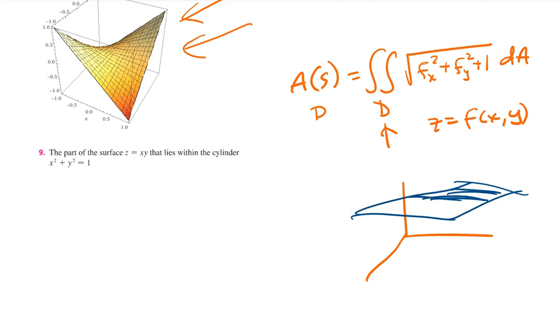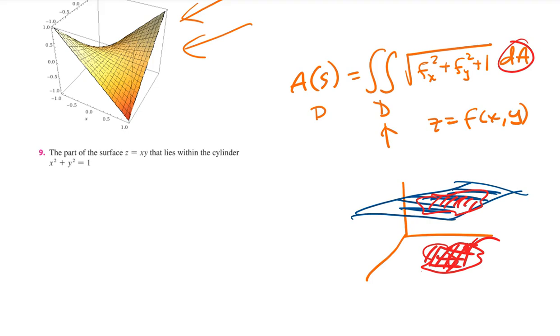So you have the surface here, you're going to find the area, and your region D might be something in the xy plane like this. And so you're just going to find the area of the surface above that. All right, so this is your region D. This dA here, of course, is the little area element of D. So you'll split D up into little hash marks, and then dA will be a little certain one there.